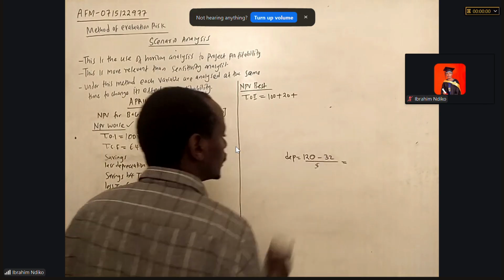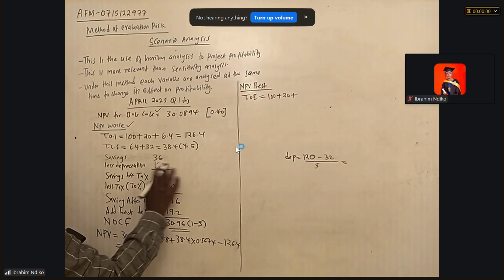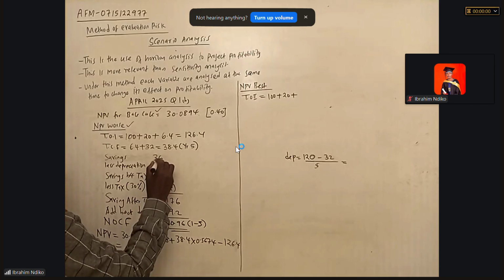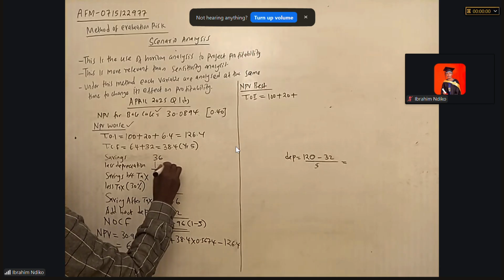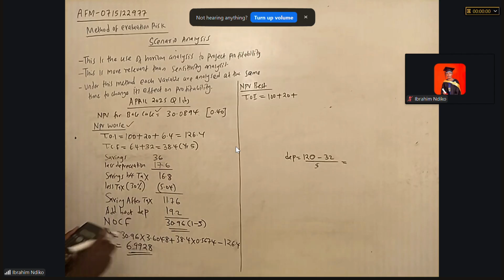So to calculate depreciation, the effective cost won't change. So it will be 120 minus 32, divided by 5, which is 17.6.